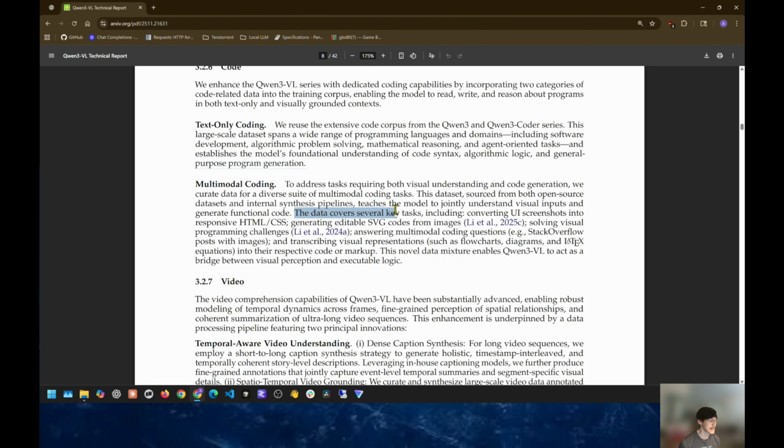The data covers several key tasks, including converting UI screenshots into responsive HTML/CSS, generating editable SVG code from images, solving visual programming challenges, answering multimodal coding questions, and transcribing visual representations such as flowcharts, diagrams, and LaTeX equations into their respective code or markup. This novel data mixture enables Qwen3-VL to act as a bridge between visual perception and executable logic.